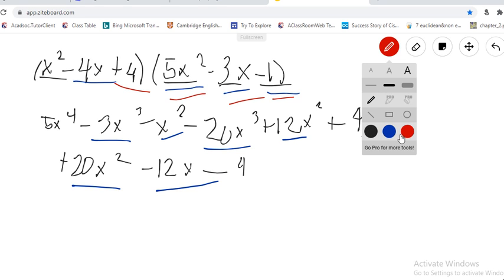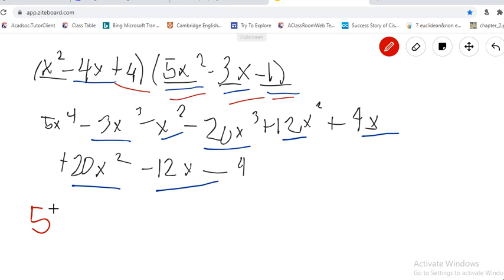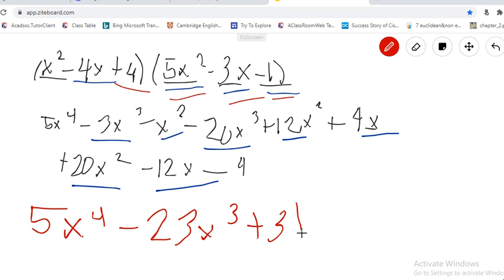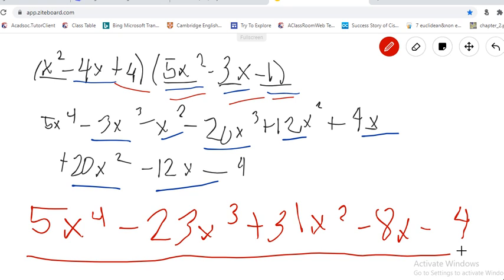What will be our final answer here? That is 5x raised to 4 minus 23x cubed plus 31x squared minus 8x minus 4. And this is already our final answer for this example.